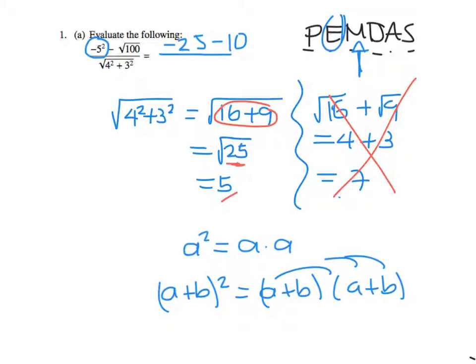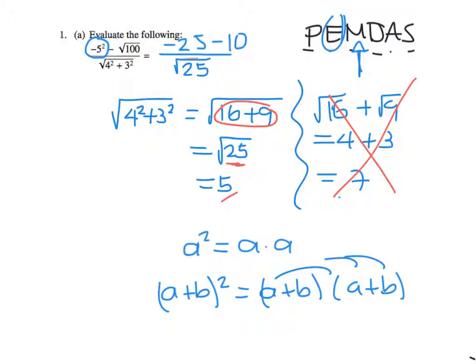So the answer for our question here was this is the root of 25. Sorry, let me change that back to blue. This is the root of 25, once you have them. So at the end, let me see if I can erase this.